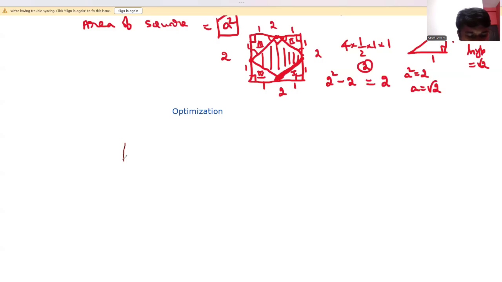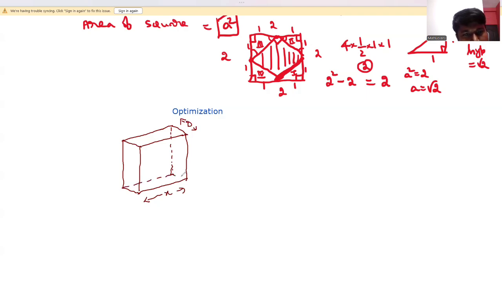So just imagine, I'm doing a bookshelf for my kid, which has a depth of d, length of x, and breadth of y.